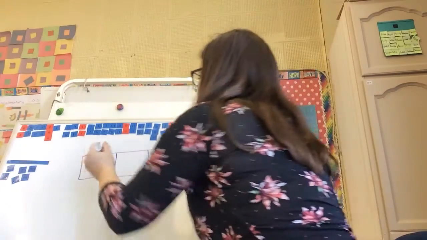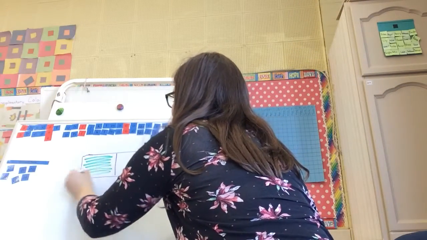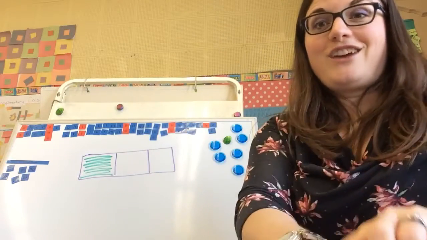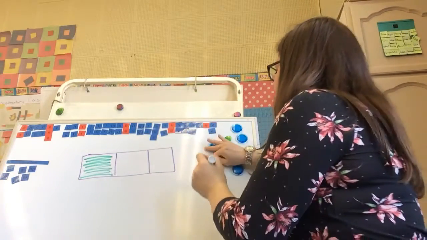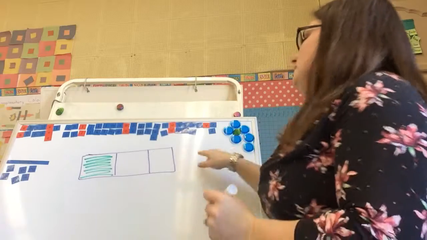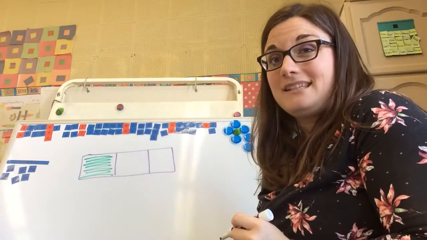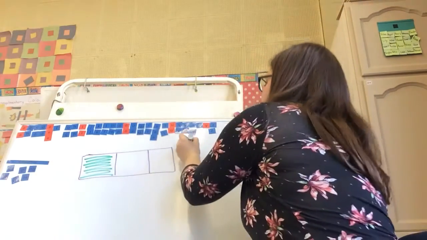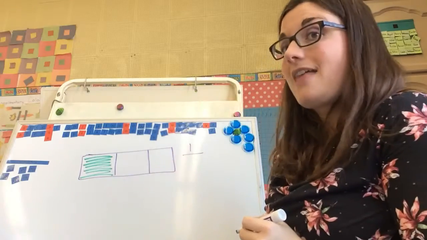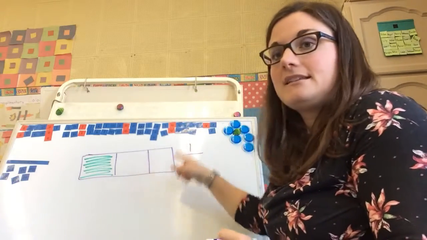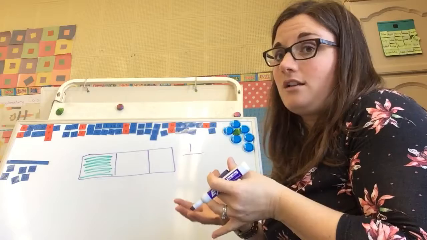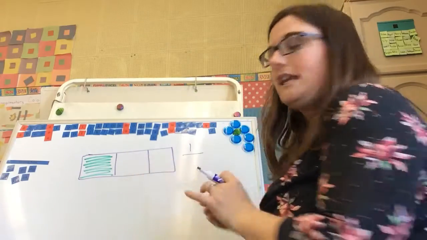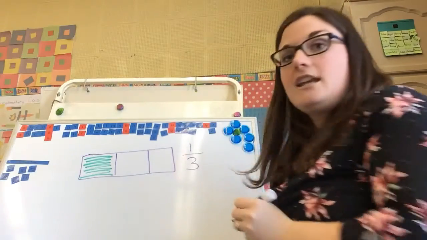And I'm going to color one of our pieces. And do you know what we would call this fraction? Well, let's make our fraction. The top number is how many pieces I colored. 1. The bottom number is how many pieces there are all together to make the chocolate bar. There's 1, 2, 3. So this is 1/3.